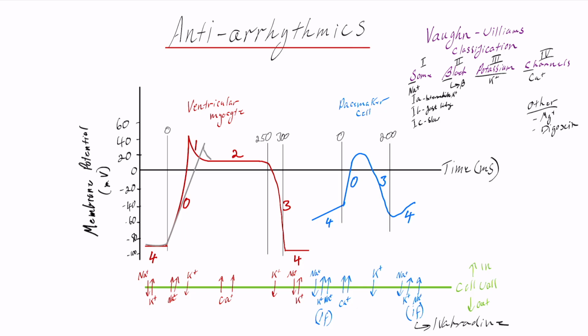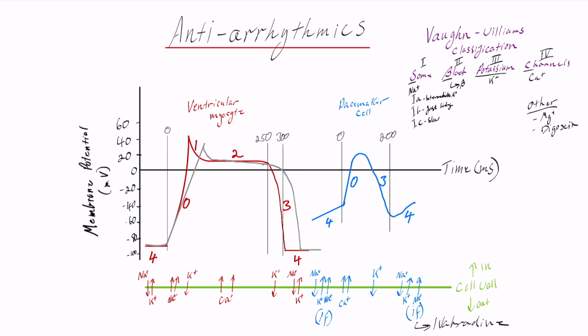You still get to plateau because remember these aren't affected by our sodium channels. And then interestingly, our class 1A have some potassium channel blocking effects that prolong our phase 3 as well and brings us back down to our resting membrane potential at phase 4.